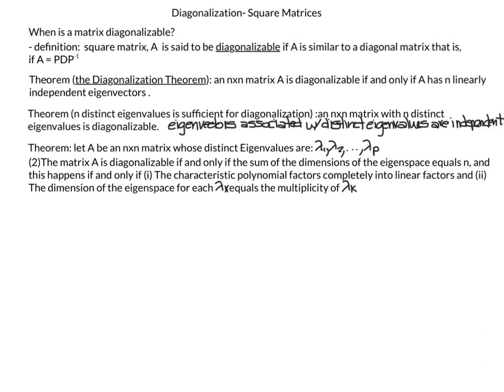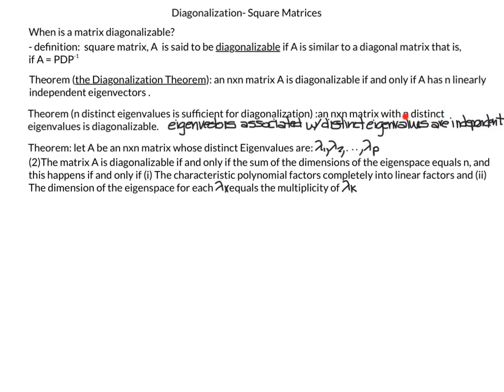This next theorem says an n by n matrix with distinct eigenvalues is diagonalizable. This is similar, except now we can drop the verification that the eigenvectors are independent, because in a previous video when we introduced eigenvectors and eigenvalues, we said eigenvectors associated with distinct eigenvalues are independent. So when they're distinct, you get the independence for free.